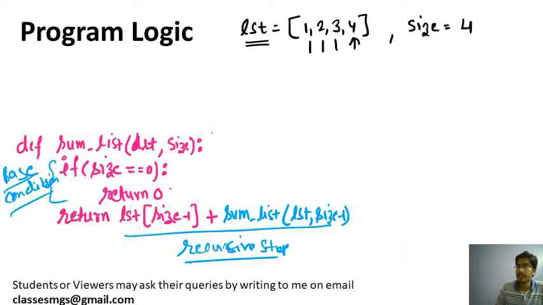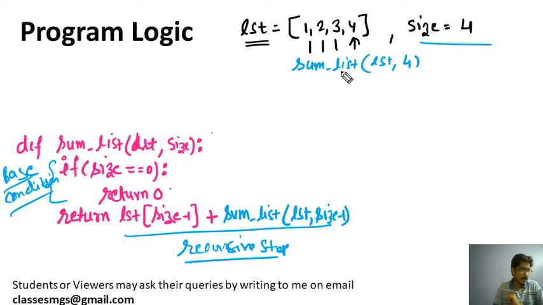So now we will use this function. Let's suppose I have this list and this is the size, and I am calling this function for the first time, sum_list with the list variable lst and size as 4.